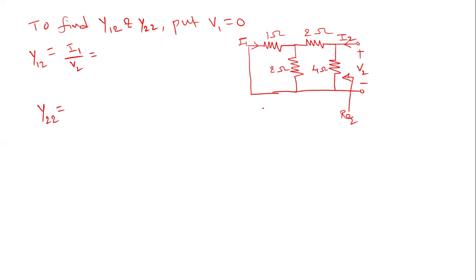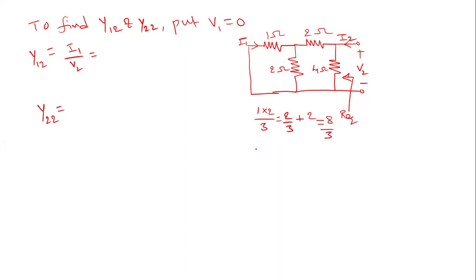In this circuit, 1 ohm and 2 ohm are in parallel: 1 into 2 by 1 plus 2, that is 2 by 3. 2 by 3 is in series with the 2 ohm resistor, which gives 8 by 3.